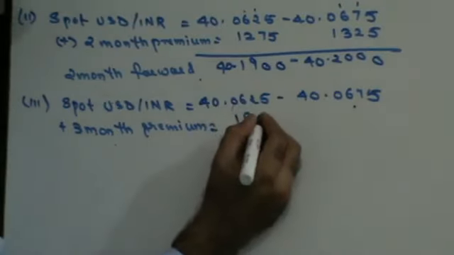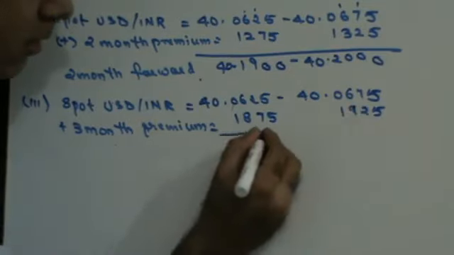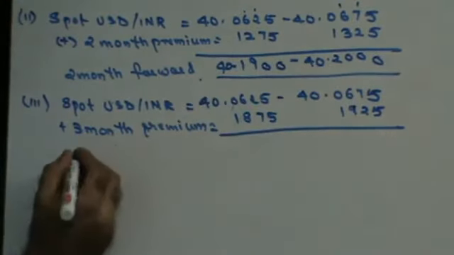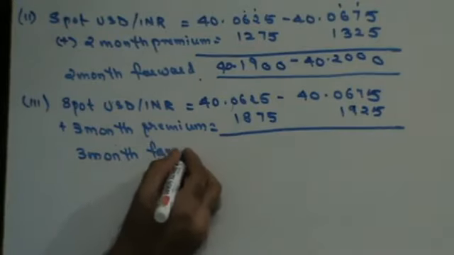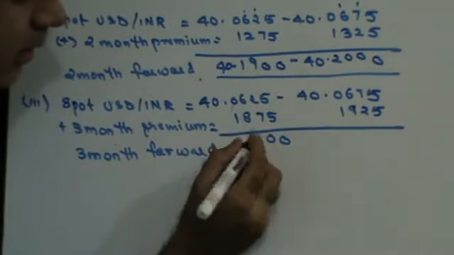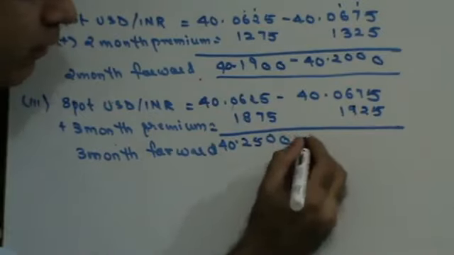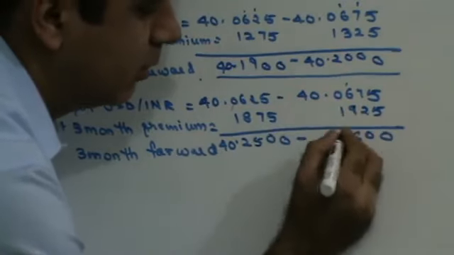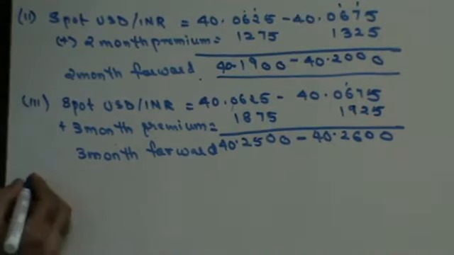So this is 1875, 1925. Therefore my 3 months forward is 40.2500, 40.2600.